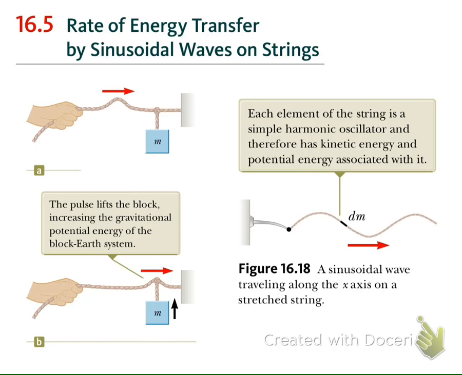So when the pulse passes through the point here, it transfers mechanical energy to the mass m. So we can say that the disturbance, the energy from the source, which comes from the disturbance of the medium, can transfer to the medium in the form of a traveling wave.